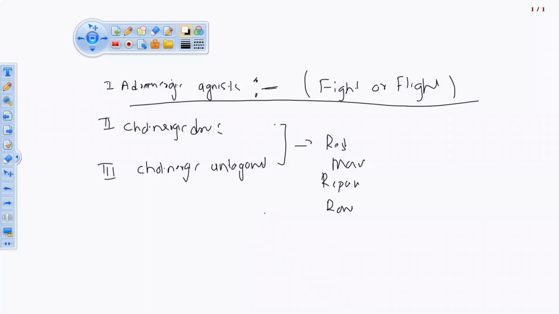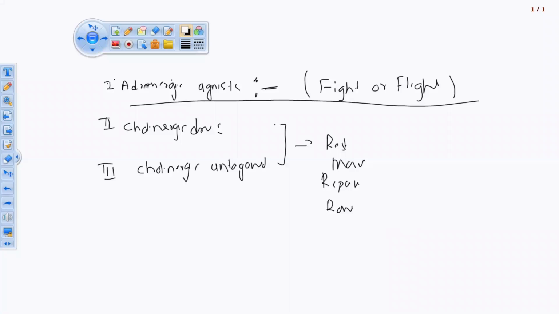The controlling system contains brain and spinal cord, but almost all the nerves are connected to the brain and involuntarily controlled by the brain and spinal cord. So involuntary control can be of two types, adrenergic and cholinergic.